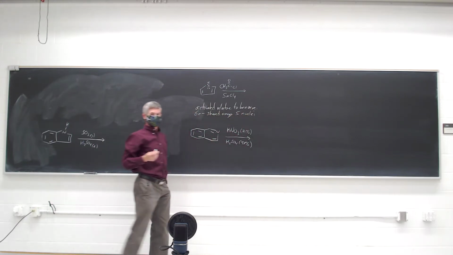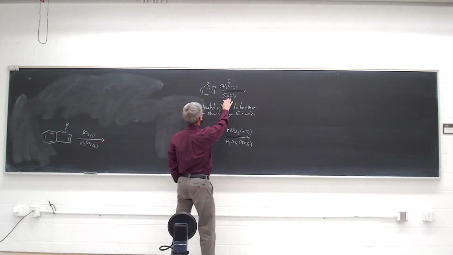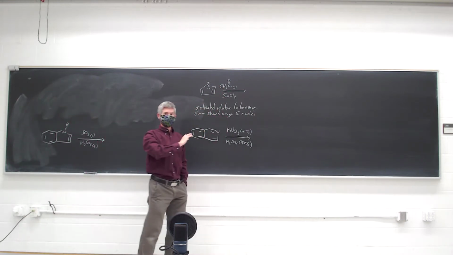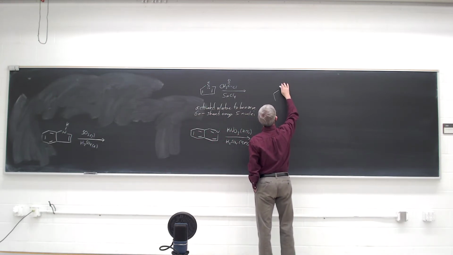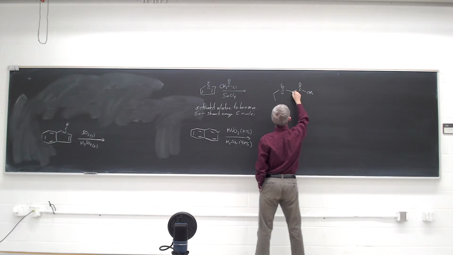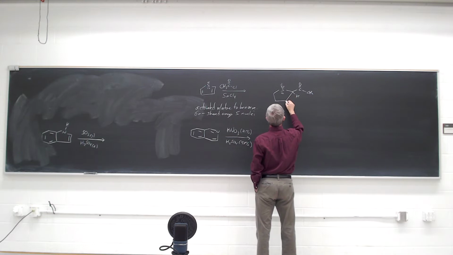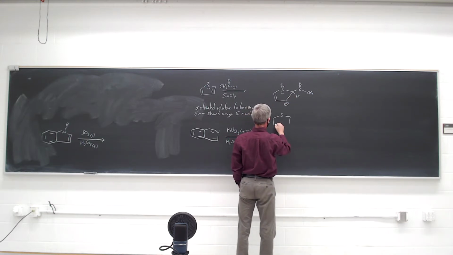Right? What we want to do is compare the 2 and the 3 position by looking at the intermediate that would result from attack at the 2 position and compare that to the intermediate that would result from attack at the 3 position.